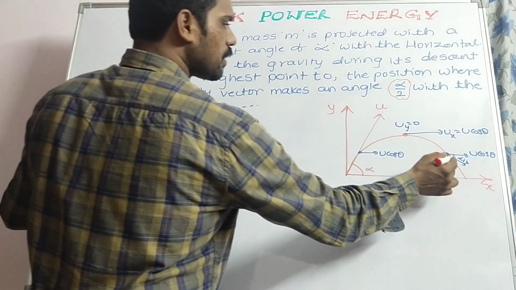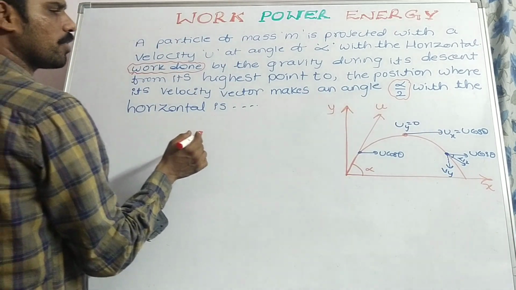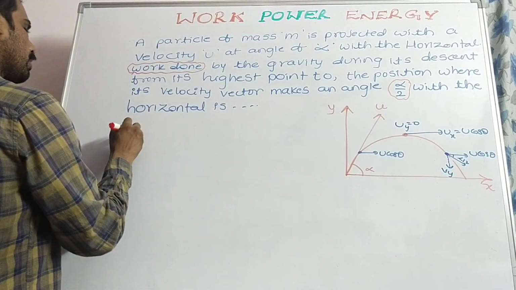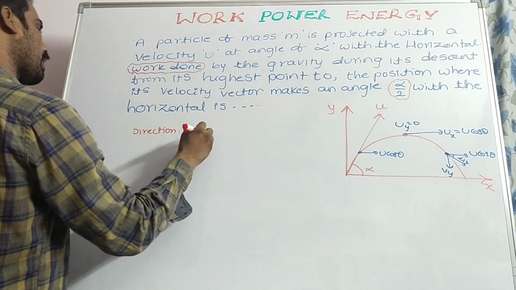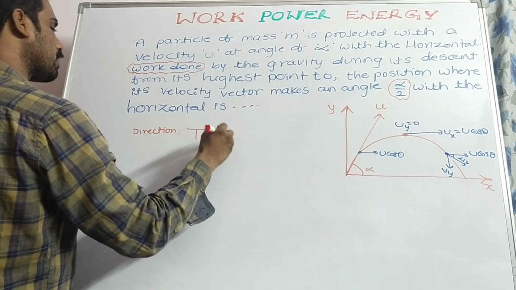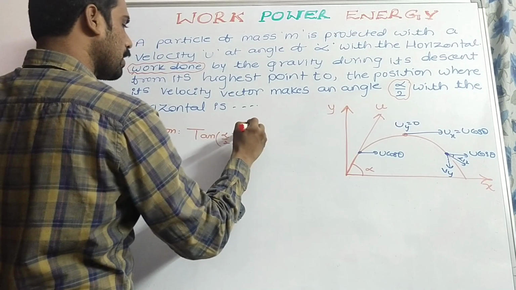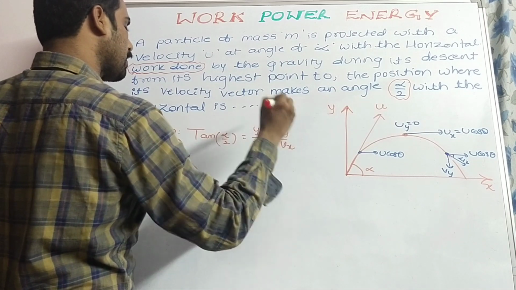Of course, let us consider the angle alpha by 2. Then what is the direction there? The direction is tan alpha by 2, which is equal to the y component by the x component, that is vy by vx.